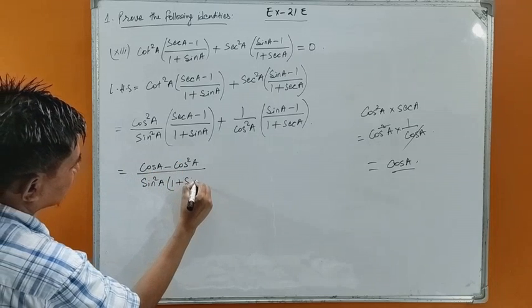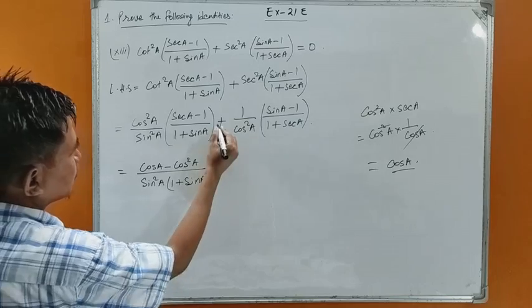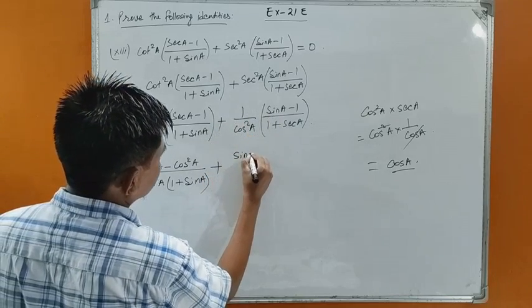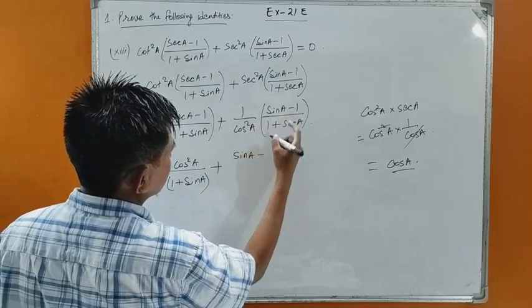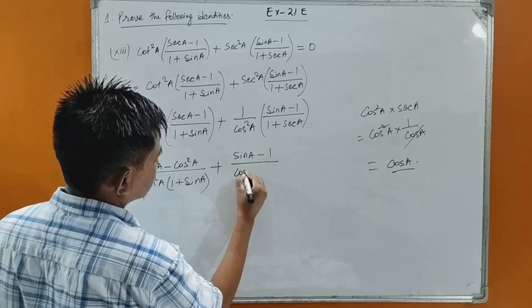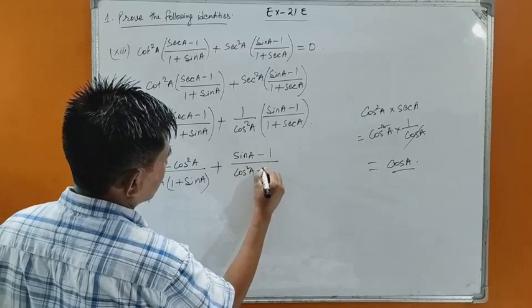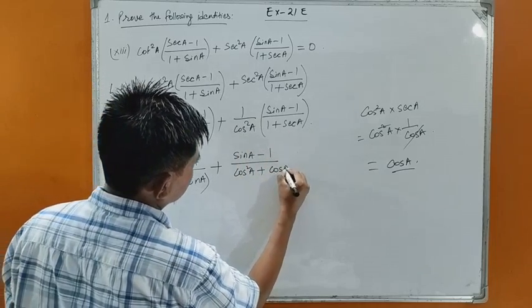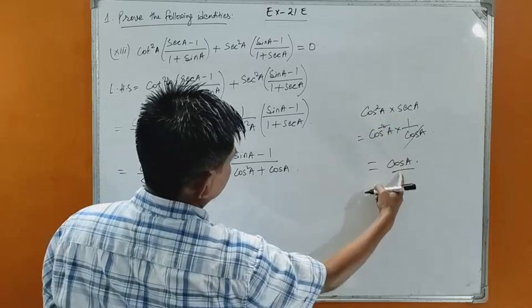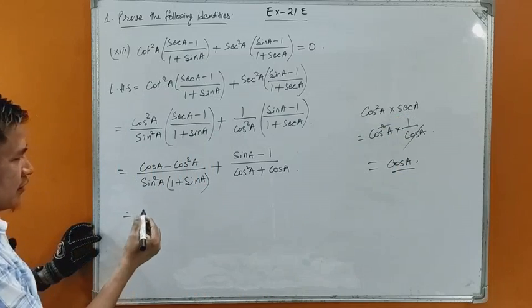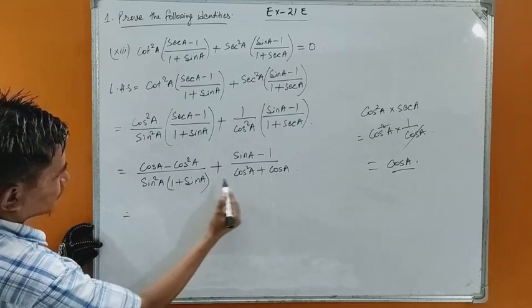Okay. 1 upon (sin A plus 1) into (sin A minus 1) into 1. Cos square A into 1 is cos square A plus cos square A into sec A is cos A, isn't it? So let's take the LCM of the denominators.